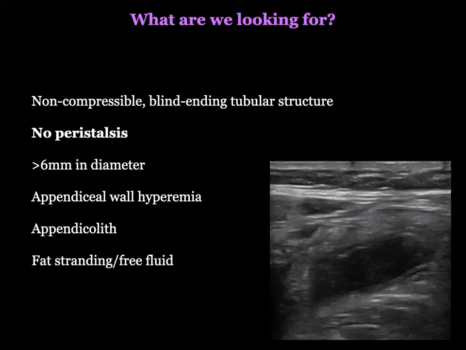And then something that I think is not necessarily always talked about, but very important, is the idea of fat stranding or fat enhancement and or free fluid around the appendix. So the presence of hyperechoic fat or free fluid is very concerning for inflammation in that general area. So if you see fat stranding or fat enhancement, then you're looking in the right spot.